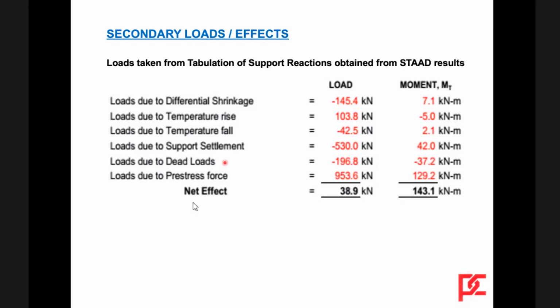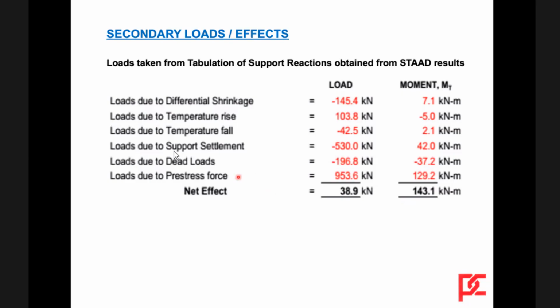Even for dead loads, there is a vertical load because of the continuity. In the construction stage, first the girders are simply supported, and later they are made continuous. Because of the shrinkage and other effects, you get some vertical uplift load on the pier.